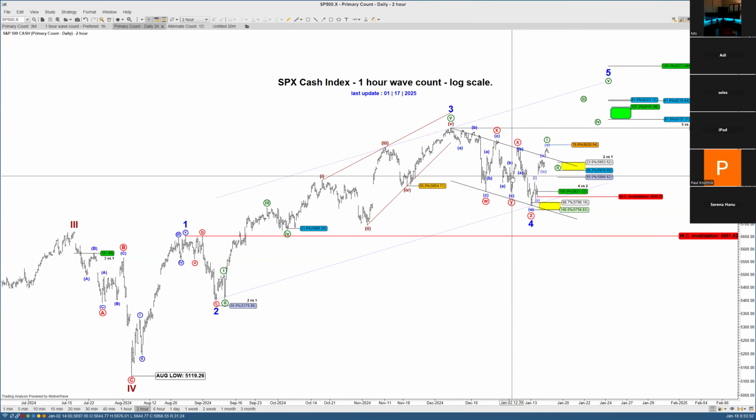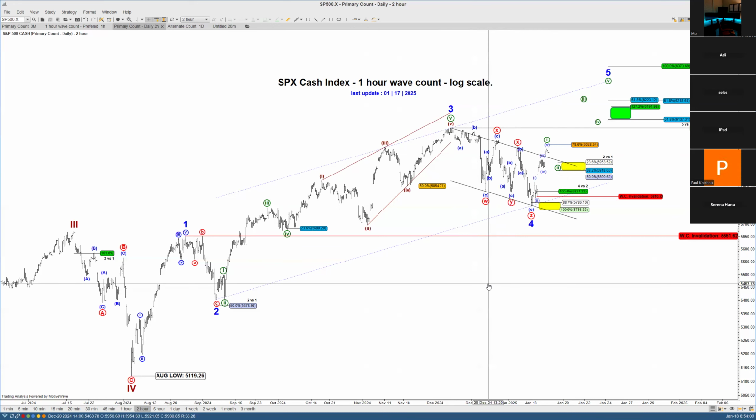If the GAN is gonna give me the confirmation, yes, I will change the wave count, but I just don't have that yet. Because you have to look at the market breadth, which was so bad, and now is getting better. It was so bad before Christmas, right?